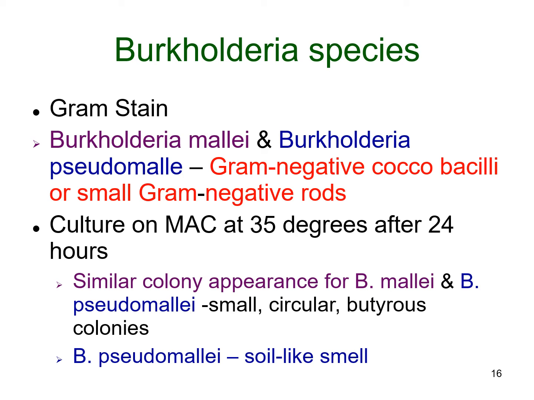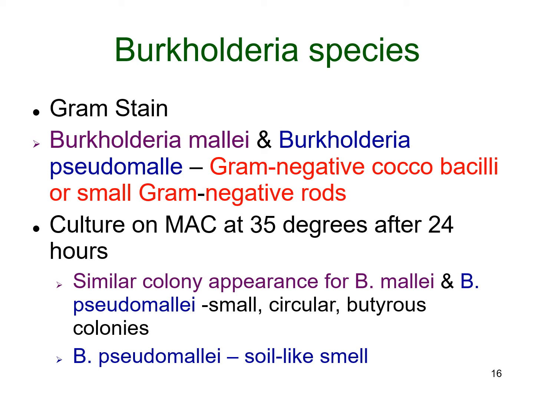Cultures should be incubated at 35 degrees Celsius and 5% CO2 for up to 5 days. Burkholderia mallei grows as small, circular, butter-like colonies after 24 to 48 hours of incubation on sheep blood agar, but if held longer, the colonies can convert to a dry, wrinkly appearance, and these will actually resemble Pseudomonas stutzeri.